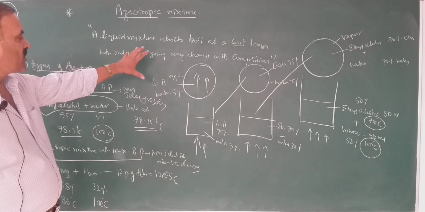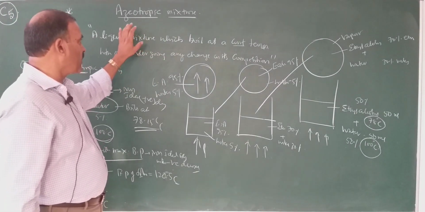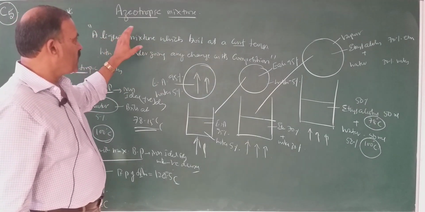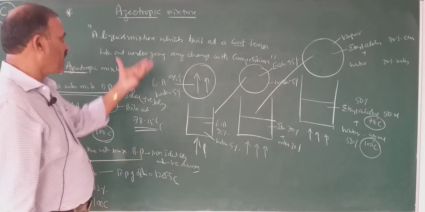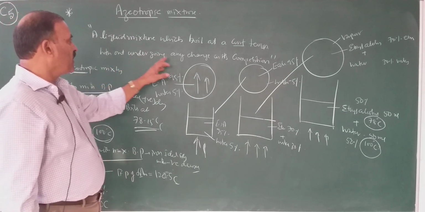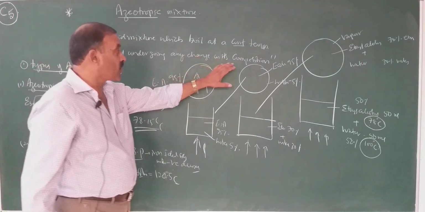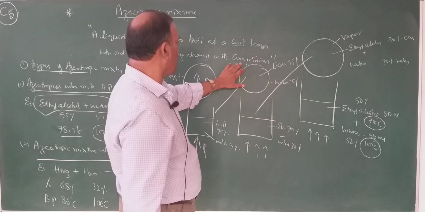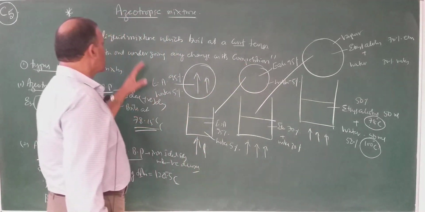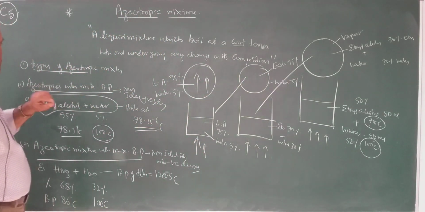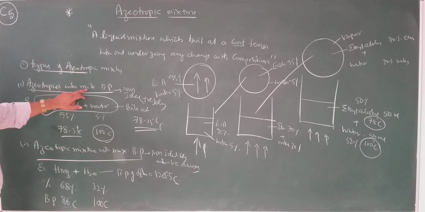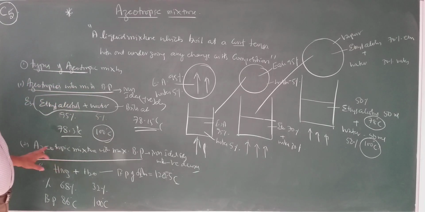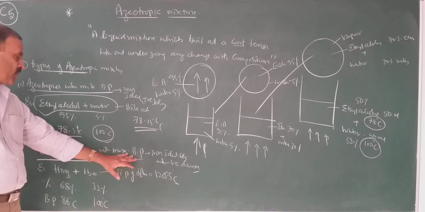So this is the meaning of azeotropic mixture. This is a very important topic. A liquid mixture which boils at a constant temperature without undergoing any change in its composition is known as azeotropic mixture. There are two types: azeotropic mixture with minimum boiling point and azeotropic mixture with maximum boiling point.